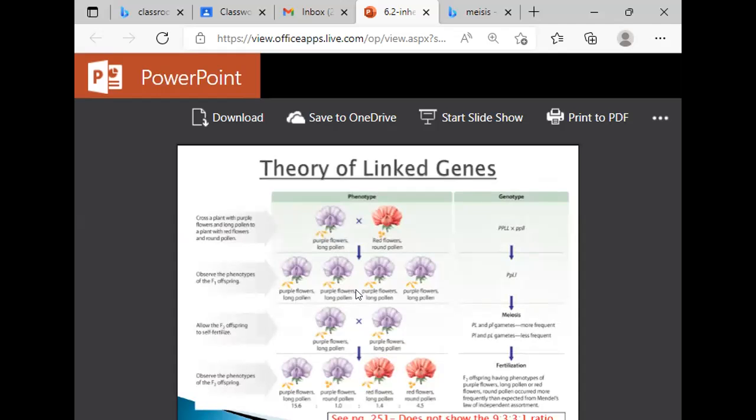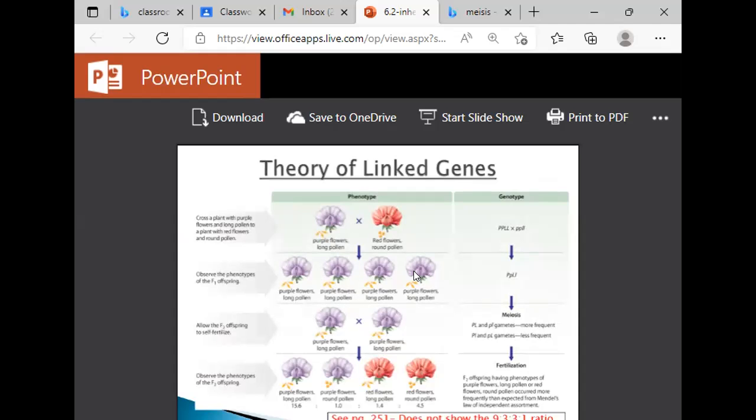I can also make an assumption that purple is the dominant color and the long pollen grain is the dominant shape, because I don't see the other traits anymore. We know from Mendelian genetics that the F1 generation is heterozygous for both traits, because it is a combination of these two.